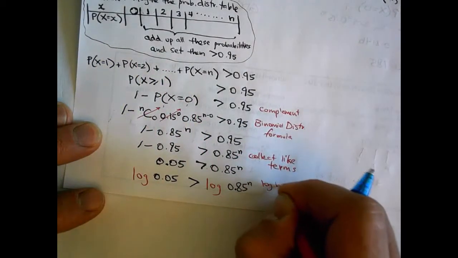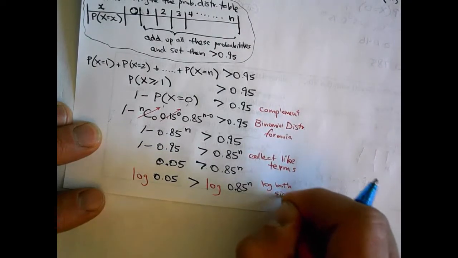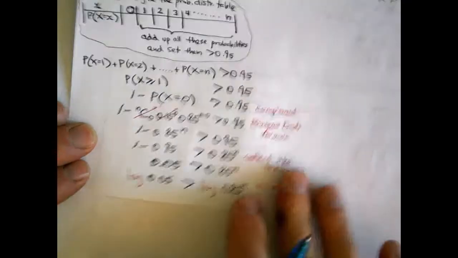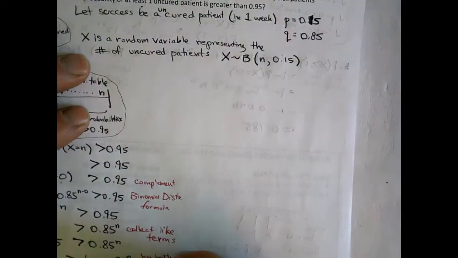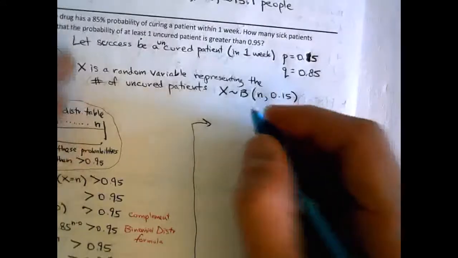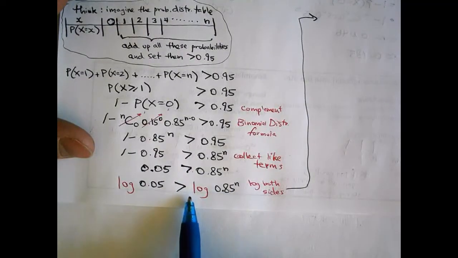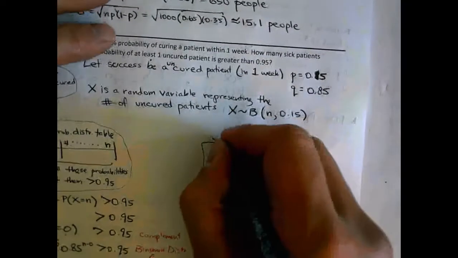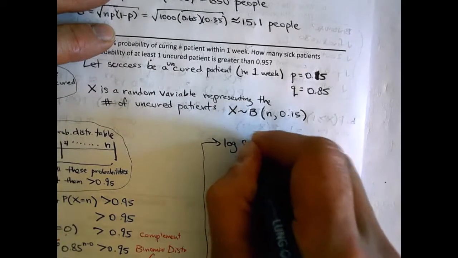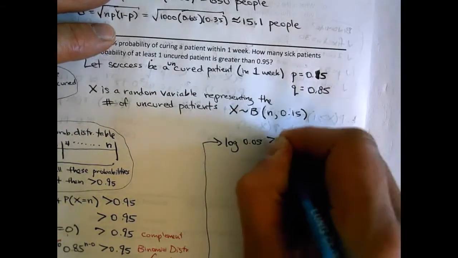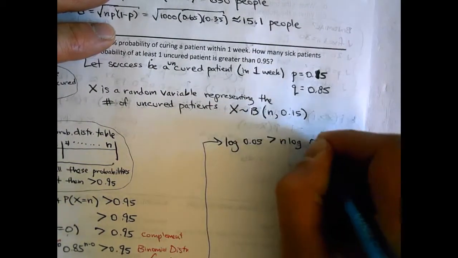Log both sides. Wow, this is getting very exciting. So let's go up here. Now the great thing about logging both sides is that now I can bring this n down using the log laws. So I end up with log 0.05 greater than n log 0.85.